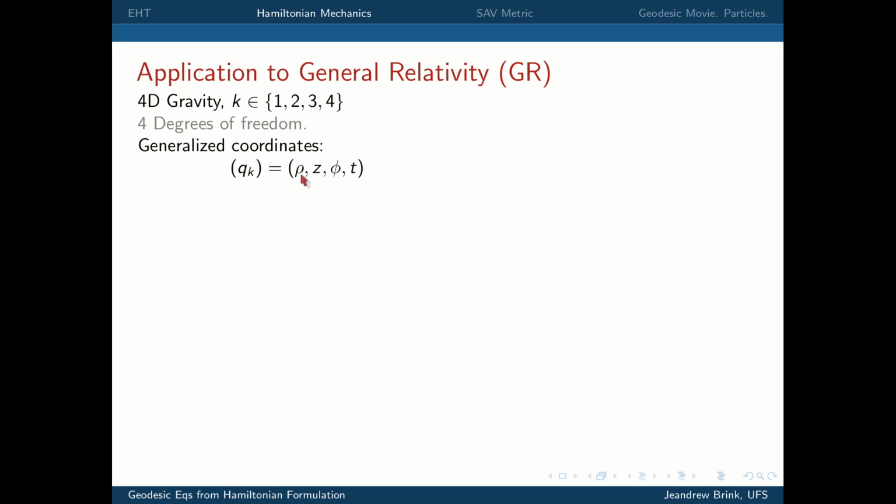So effectively a cylindrical coordinate system plus time. And with each generalized coordinate, we're going to have an associated generalized momentum, which I've indicated by p subscript the coordinate it refers to. So this then leaves us with 8 dependent variables.